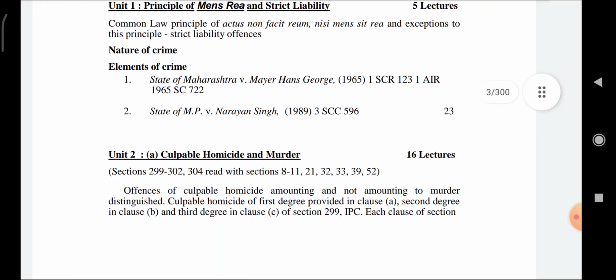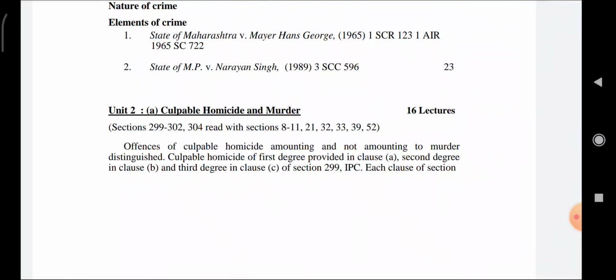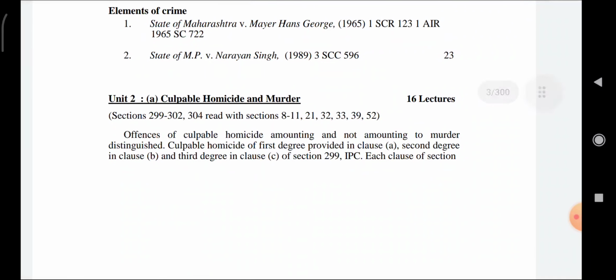Second unit: culpable homicide and murder. What is the difference between culpable homicide and murder? Every culpable homicide is murder, but not vice versa. Section 299 deals with culpable homicide and section 300 deals with murder.